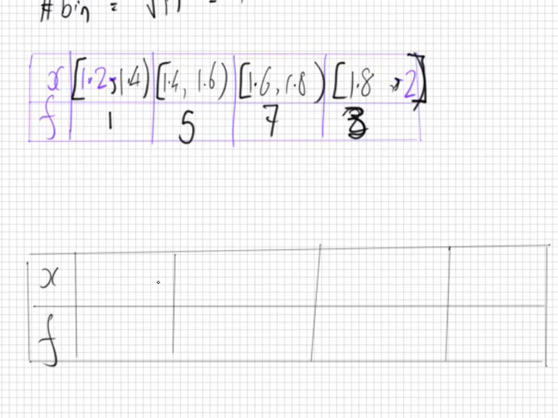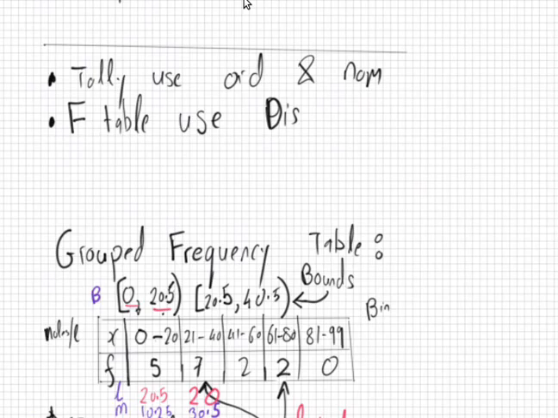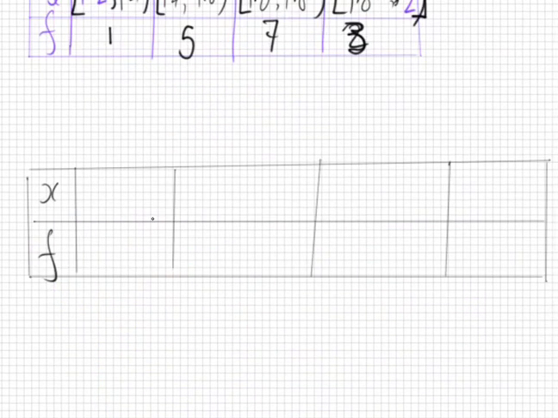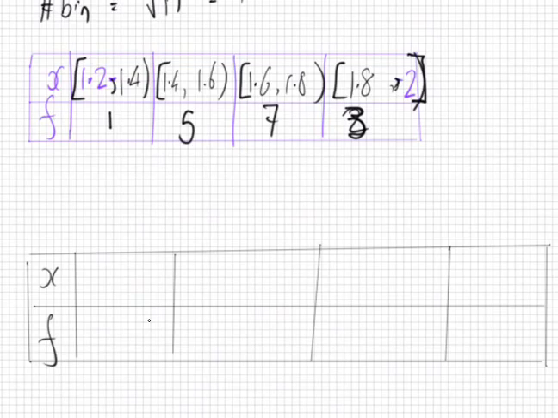Remember, it should be a little bit smaller than 1.4 because we rounded up to get the upper boundary. If I go back to my example here, the class boundary was 20.5 and the number we saw on the table was 20. So I need to go down a little bit. I shouldn't use 1.4. What should I use?